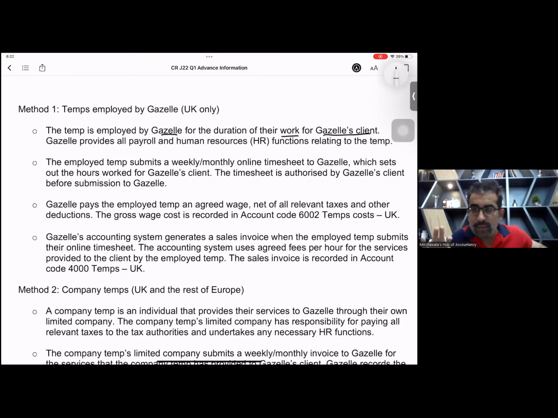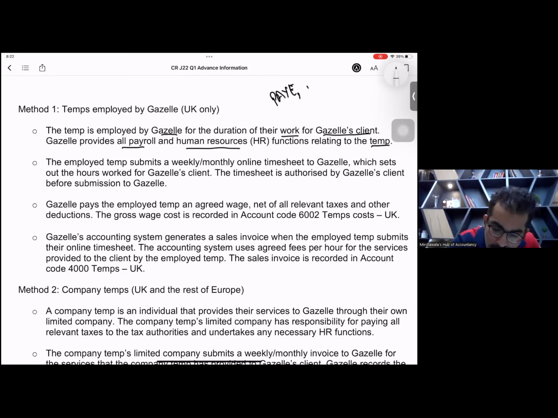Now, what is the scenario? In this case, Gazelle hires the employees. That means these employees are the workers of Gazelle, right? Gazelle provides all payroll and human resource functions relating to the temp. That means Gazelle is responsible for pay.